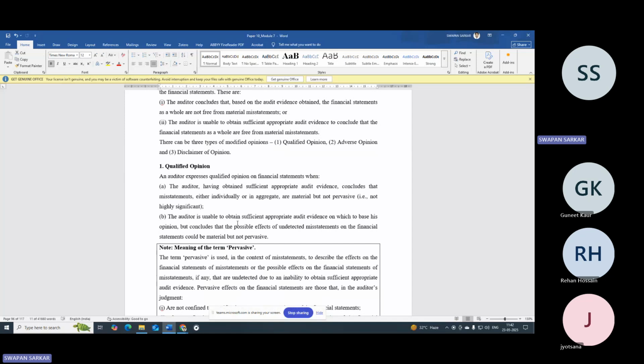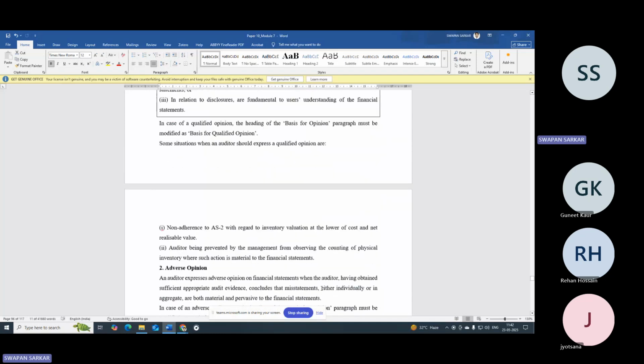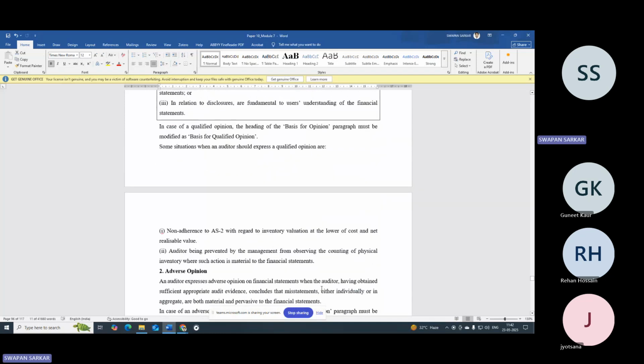Or the auditor is unable to obtain sufficient appropriate audit evidence on which to base his opinion, but concludes that the possible effect of undetected misstatement on the financial statements could be material but not pervasive. In every qualified opinion, the heading of the basis for opinion paragraph must be modified as basis for qualified opinion.